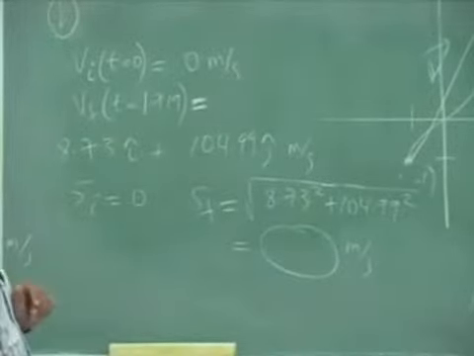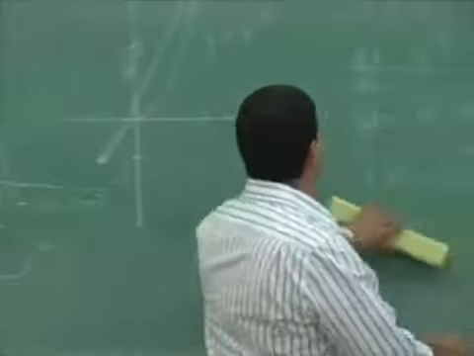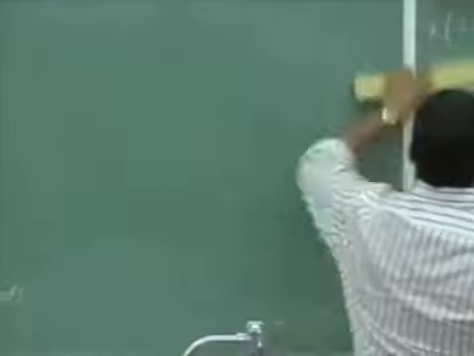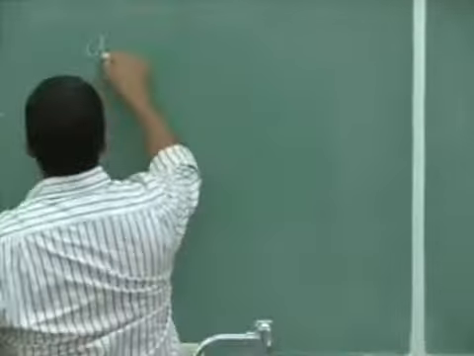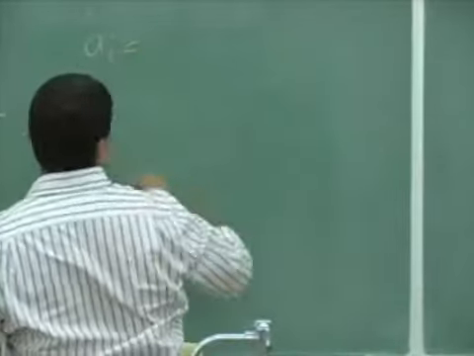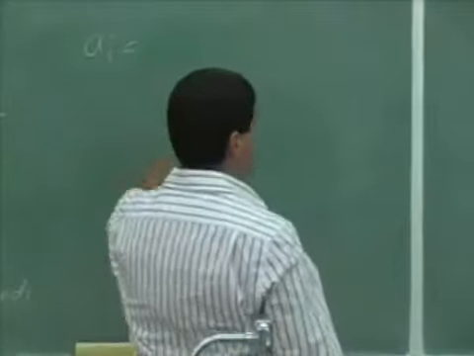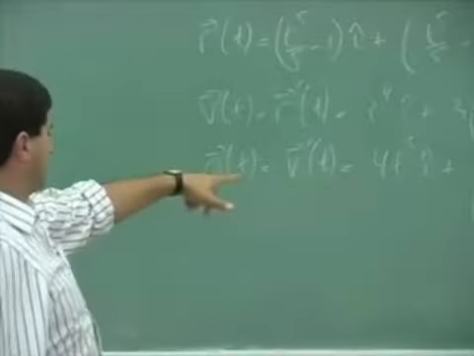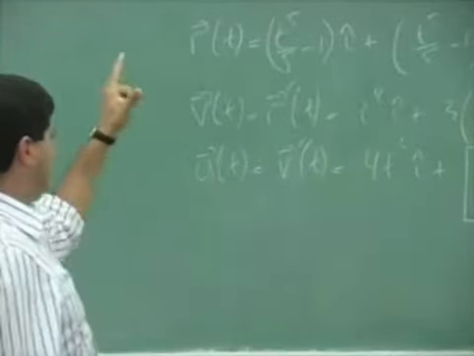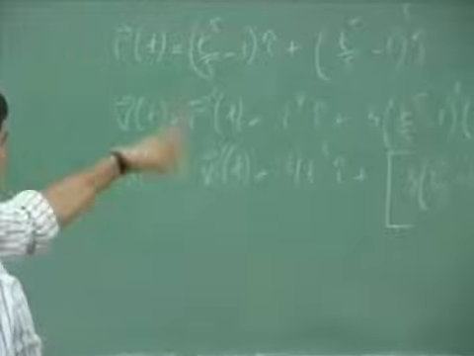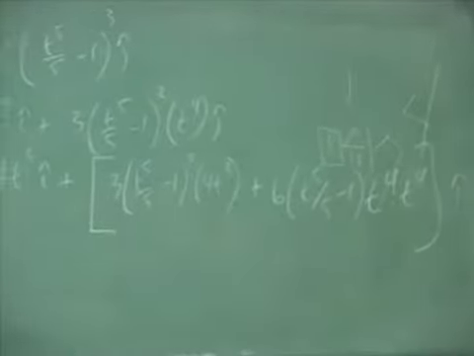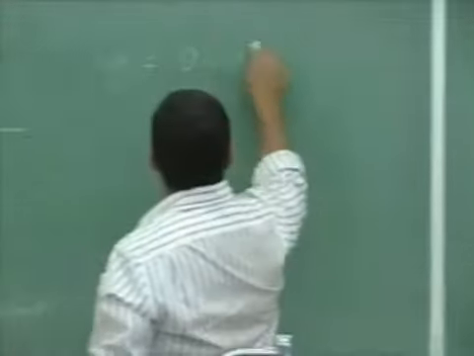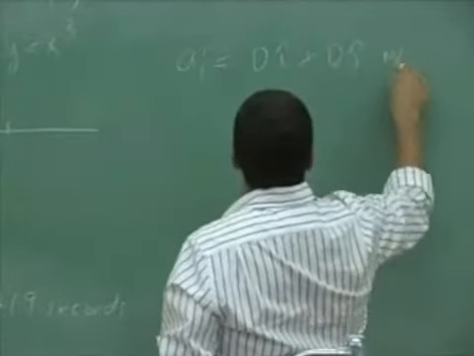And then acceleration. Initial acceleration: you put t equals 0 into the acceleration function. It's all 0. Initial acceleration is 0, so 0 i hat plus 0 j hat meters per second squared.